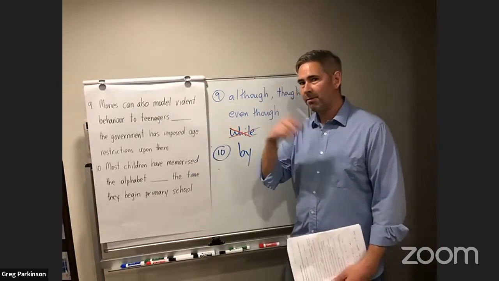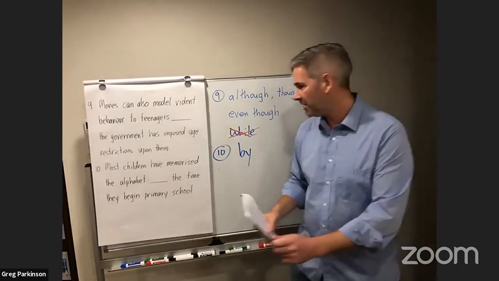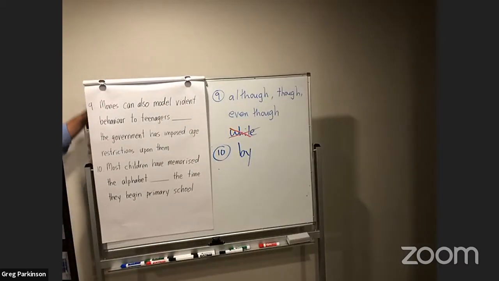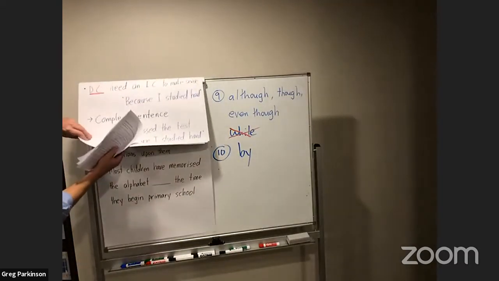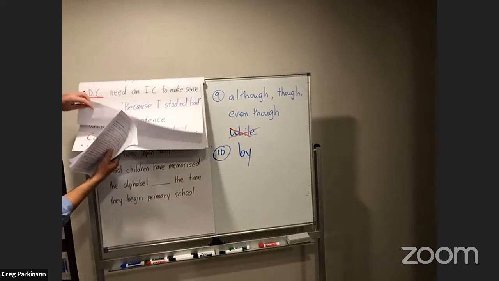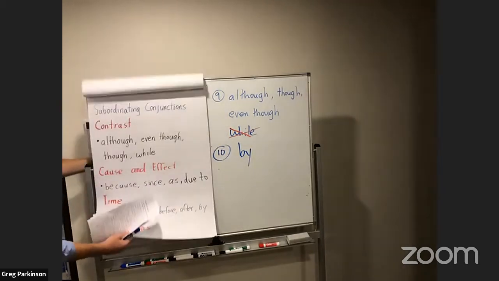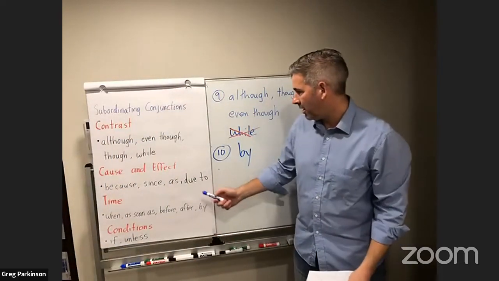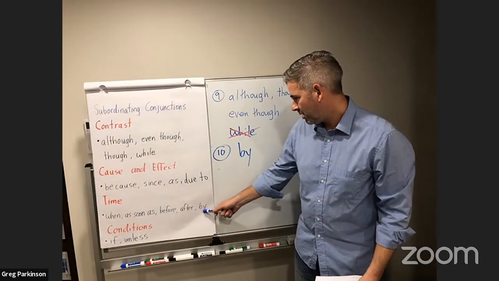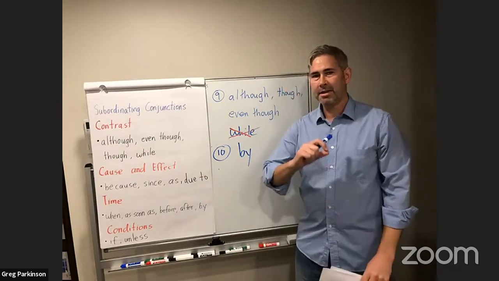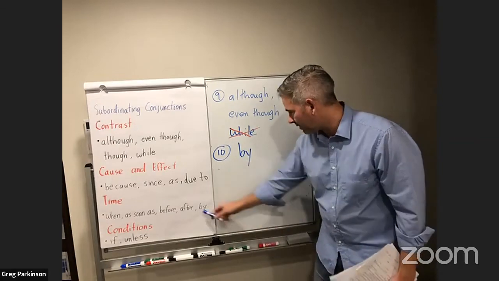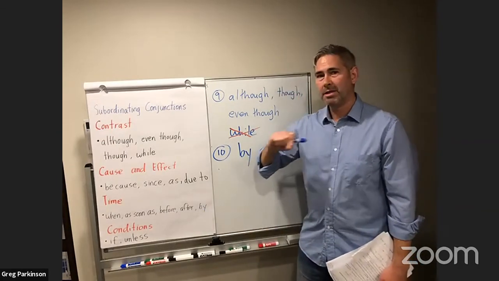So I'm going to flip back to those subordinating conjunctions. Right, so here, by has to come with by the time, right? So, sorry, I should even write that up. But anyway, by the time.